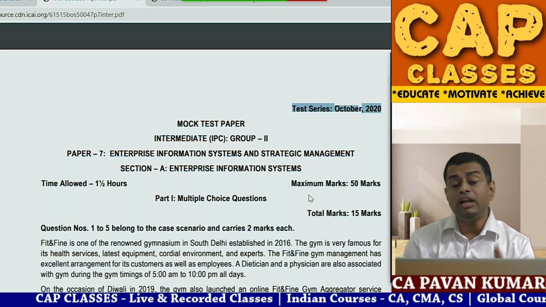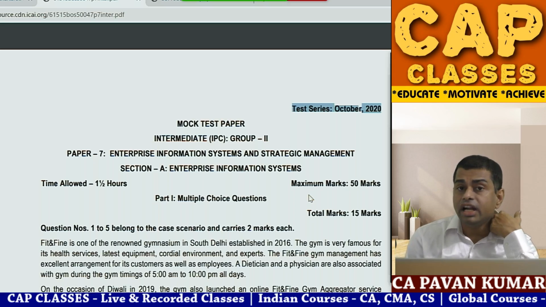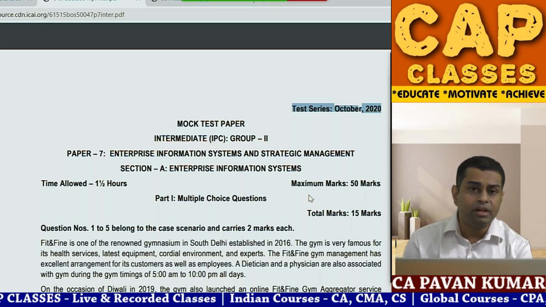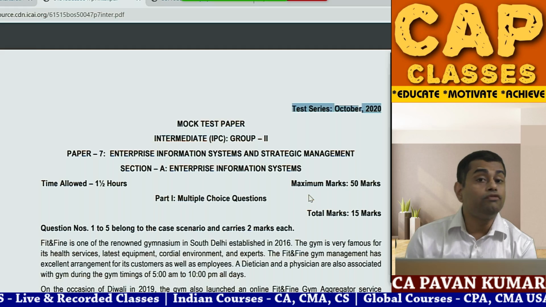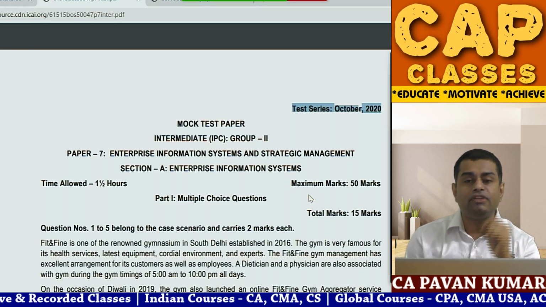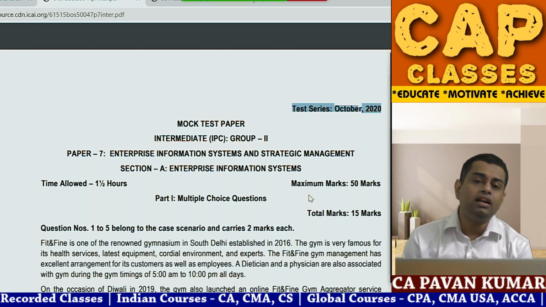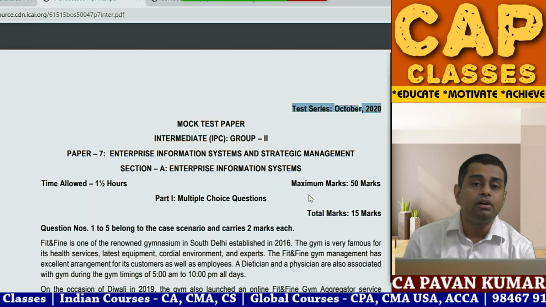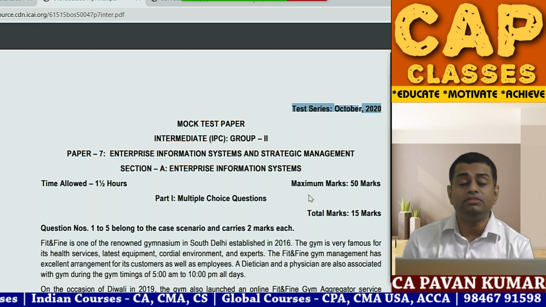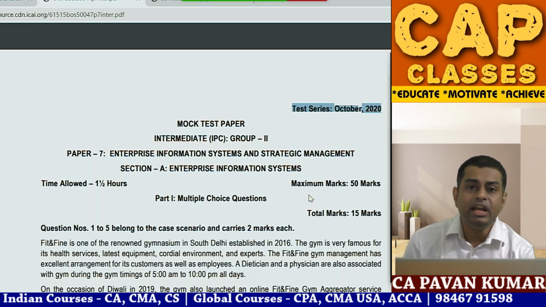Like in auditing, there are correct and incorrect statements, or true or false statements along with reasoning, for which they give another 10 to 14 marks. That is not there in strategic management and EIS, because 30 marks is already given for multiple choice or objective questions. The remaining 35 will be descriptive.